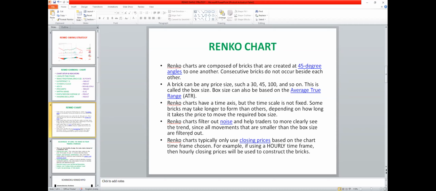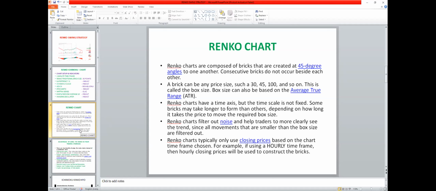RENKO charts typically only use closing prices based on the chart time frame we have chosen. For example, if using an hourly time frame, then the hourly closing price will be used to construct the bricks. So here it is a 1 minute time frame, so according to that only the closing price will be taken to form the brick.